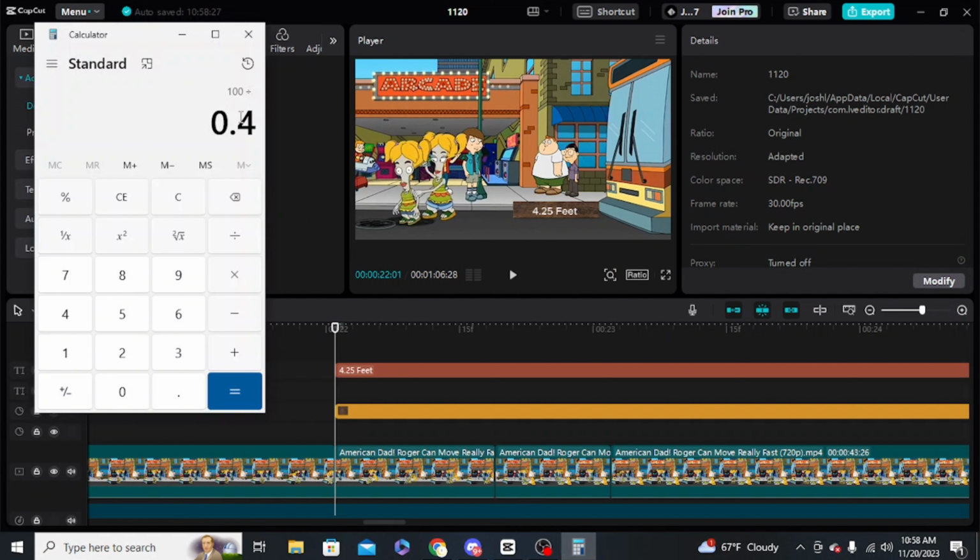So we take that 100% and divide it by 0.4%. And you'll find that the footage is actually slowed down to 250 times of its original speed. So, yeah, we're gonna find out how fast Roger actually travels per second. So here is where simple 6th grade mathematics comes into play.